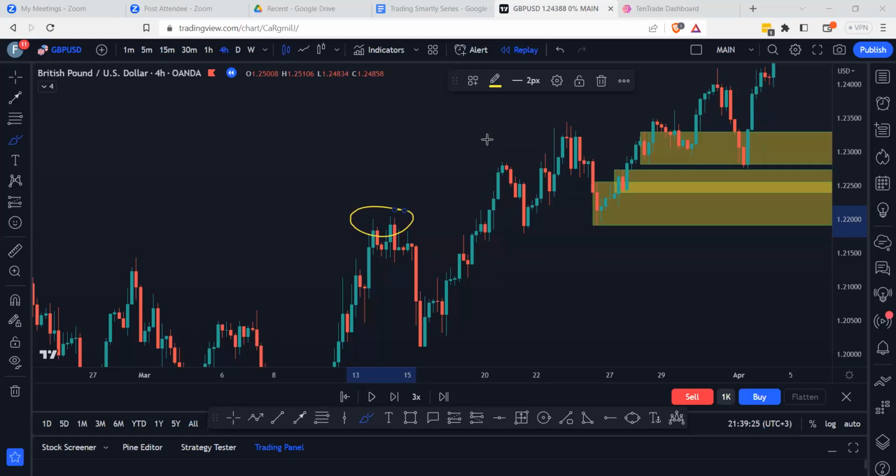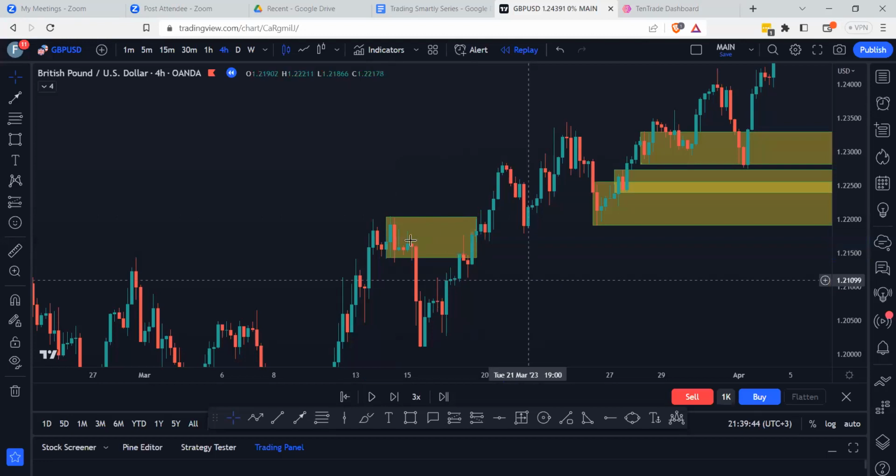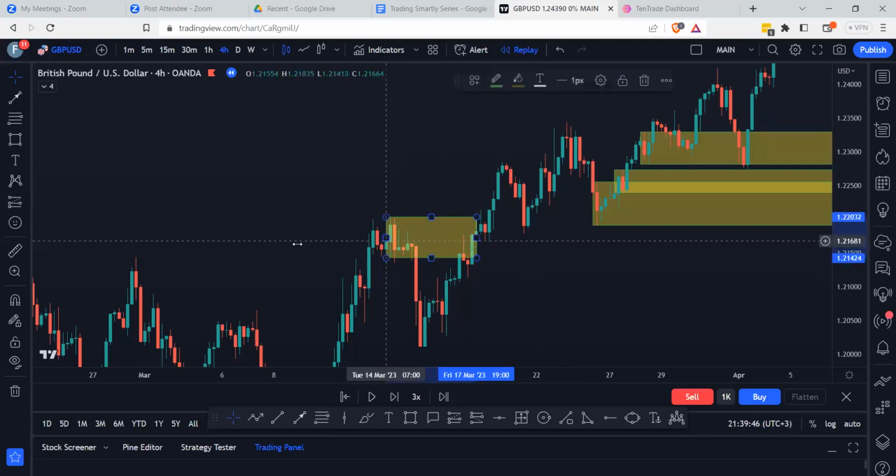It's very, very simple. It's the same approach. If I have something like this, I'm going to be drawing the last bullish candle before the move down, in this case, over here. The last bullish candle before the high. So this is how I'll draw my resistance in this case.